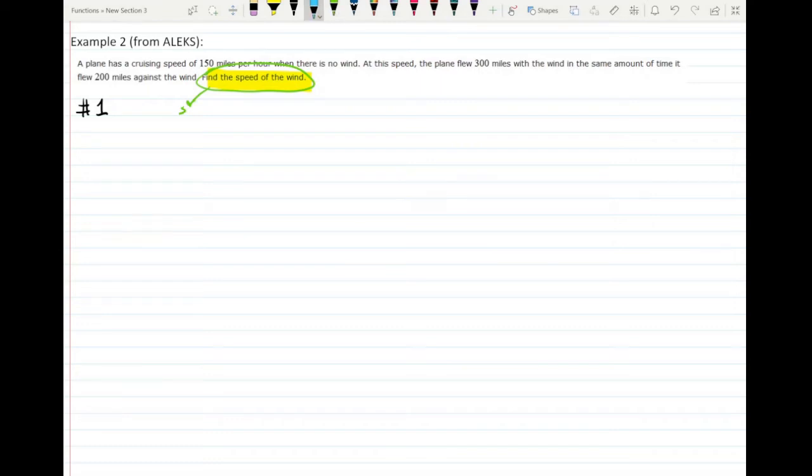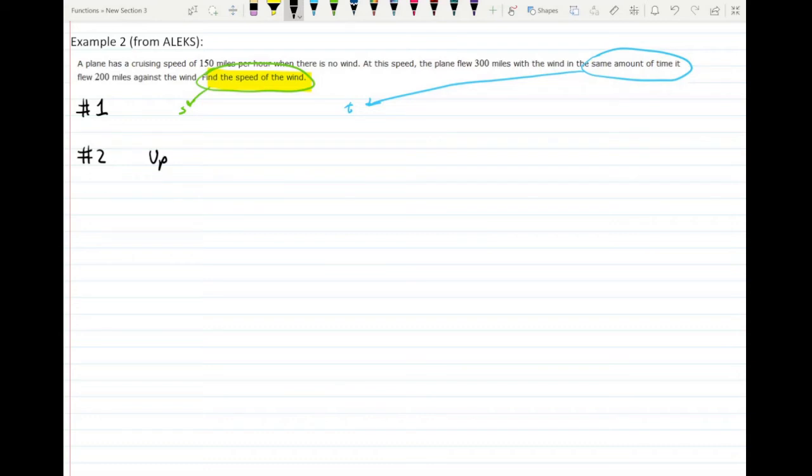Our second unknown is going to be that unknown amount of time from before. So once again, we can call that T for time. And that lets us move on to step 2. Once again, we can write one equation for each trip that the plane has made.